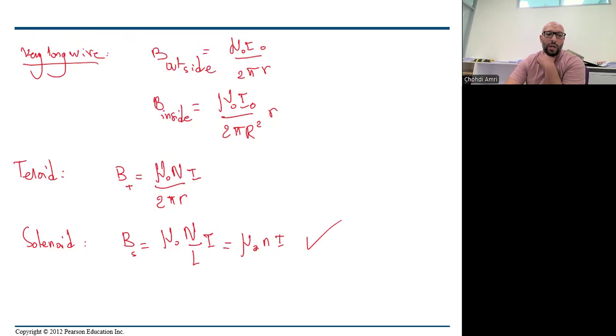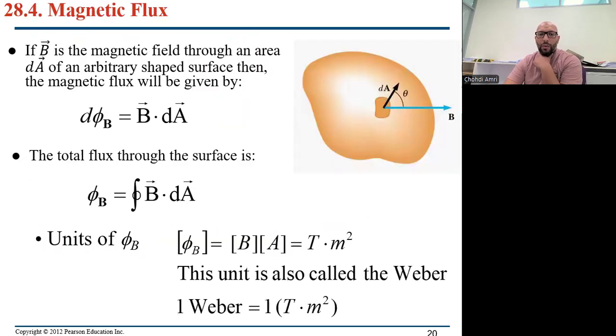So we are done with the applications of Ampere's law. Now we will talk about the magnetic flux. At first, what is the magnetic flux? The total magnetic flux through a surface is the integration of B dA through a surface, through the closed surface.